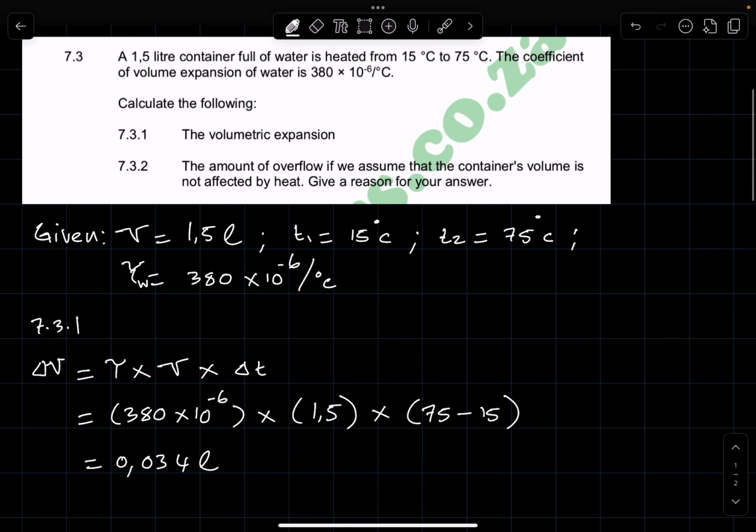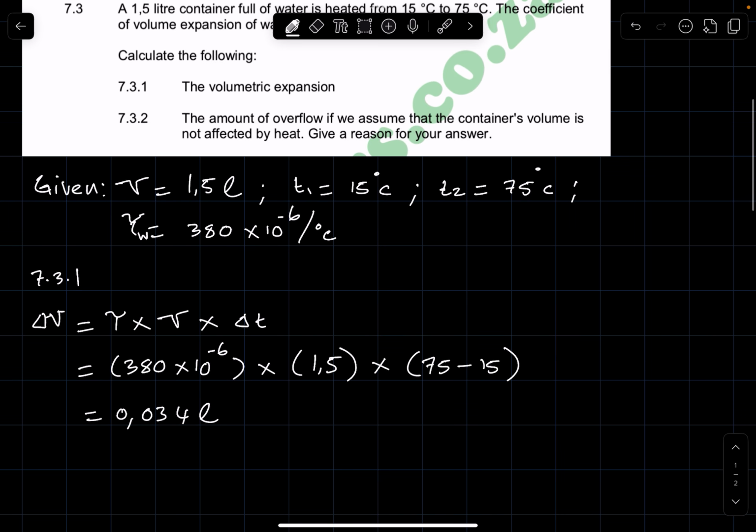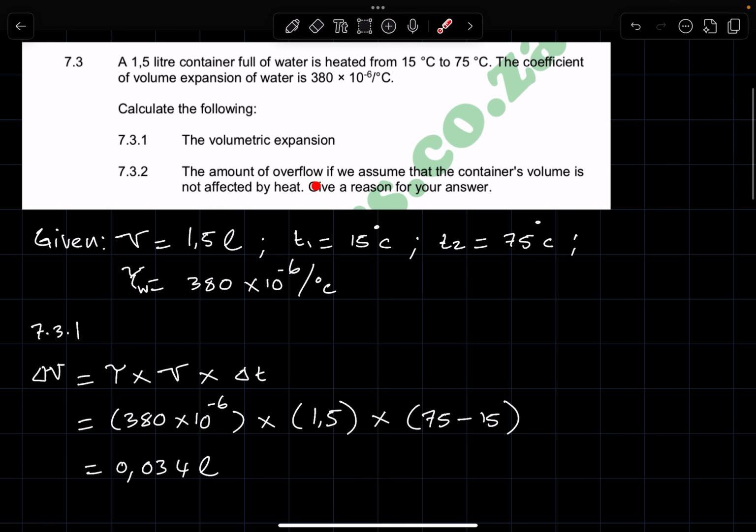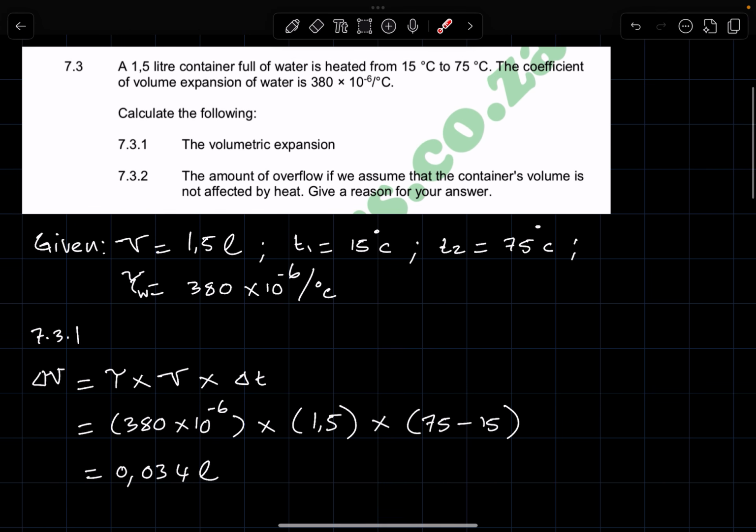Now let's look at 7.3.2. It states as follows: calculate the amount of overflow if we assume that the container's volume is not affected by heat. Give a reason for your answer. So this one we don't even need to write, we can just discuss based on the facts of this problem. They want us to calculate the amount of overflow, so the spillage essentially.